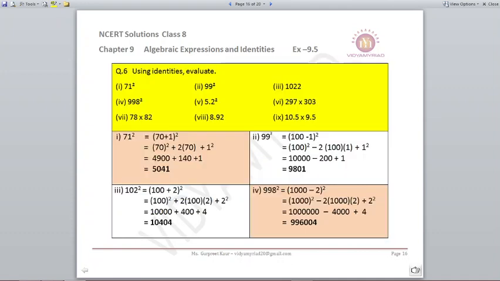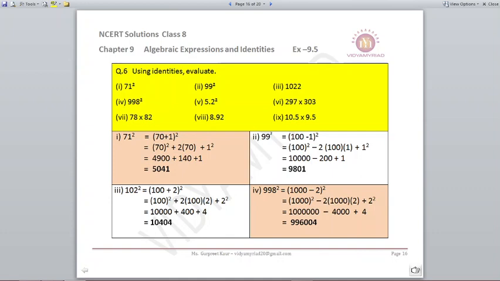Question number 6. Using identities, evaluate. Now what we are going to do is evaluate the following terms using numbers as near to hundreds as possible, or the zeros possible. Like 71 can be written as 70 plus 1 for calculation getting easier.